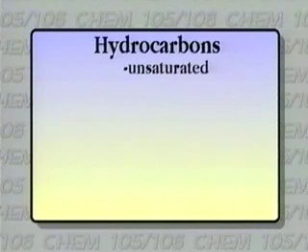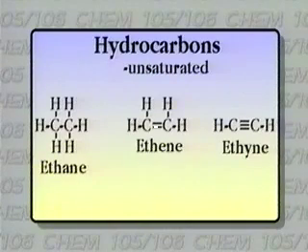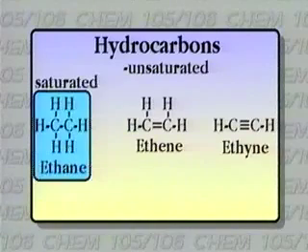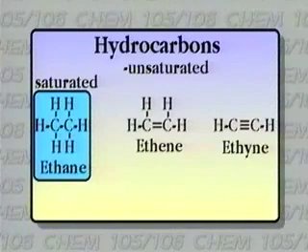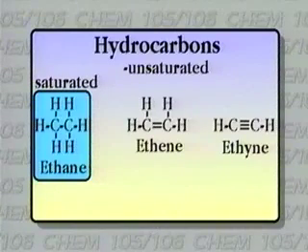Let's just take the first group of these. We've already talked about the 2-carbon saturated one. This is the one that we talked about before, as I say, saturated. And we called it ethane.